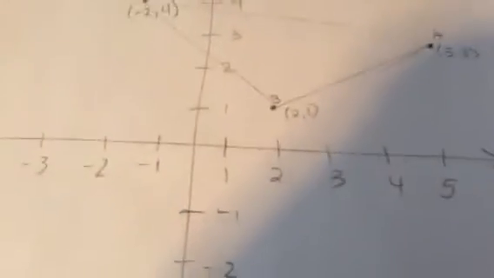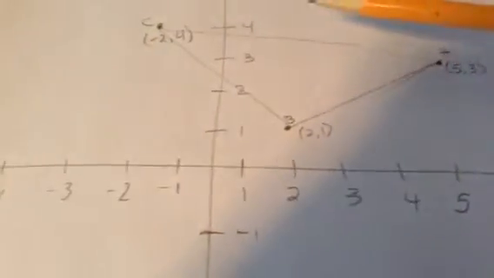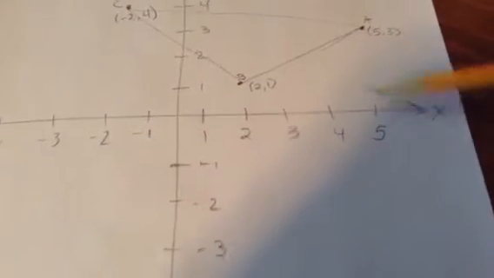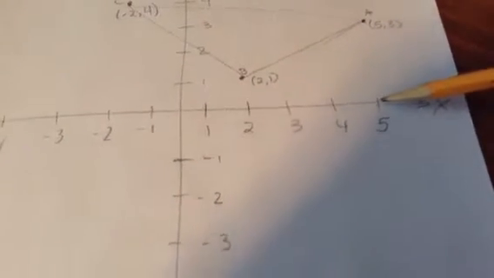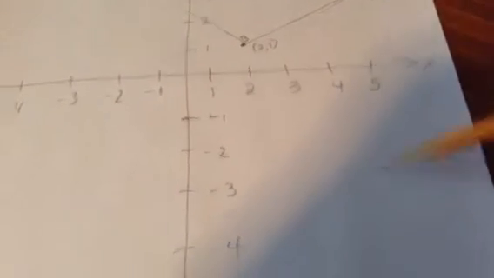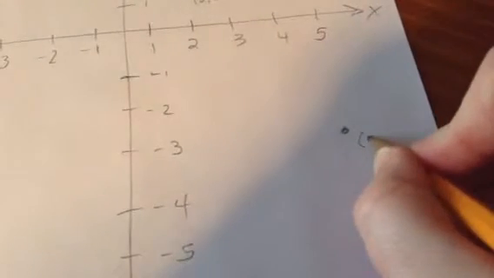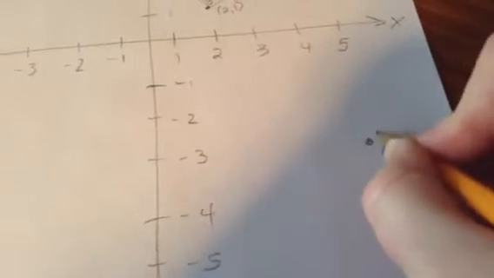So I'll make my new coordinates for my triangle that I flipped over, or reflected over the x-axis. So I'll do A first. I'm going to keep 5 over 5, but down to negative 3. So these new coordinates are going to be 5, negative 3.